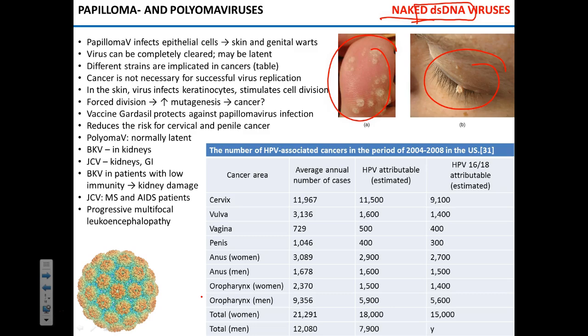And as a double-stranded DNA virus, it uses the cellular enzymes to replicate its DNA. Okay? Essentially, the viral DNA is copied at the same time of the cell cycle as the cellular DNA.